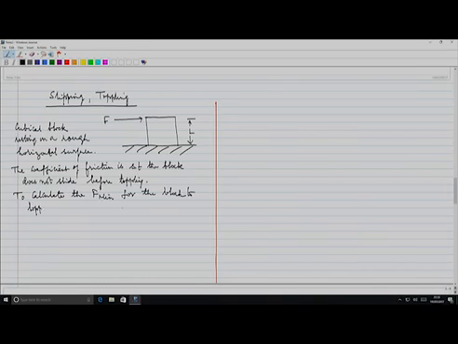Okay, it's a fairly simple problem, but we need to realize. Now let us mark the various forces acting on it. We'll again redraw the diagram: block, force, and this is the center of mass, mg.